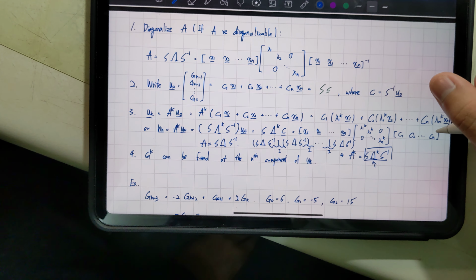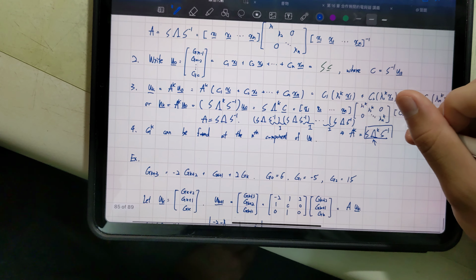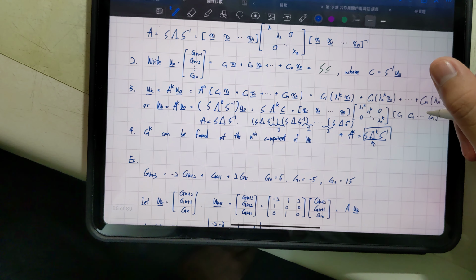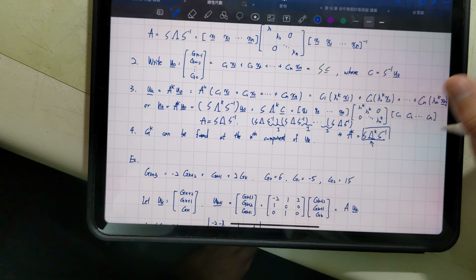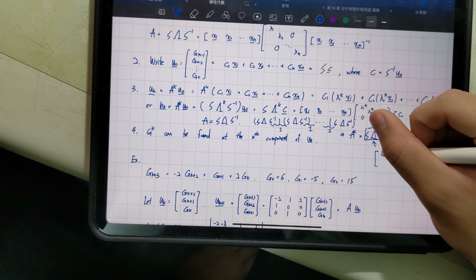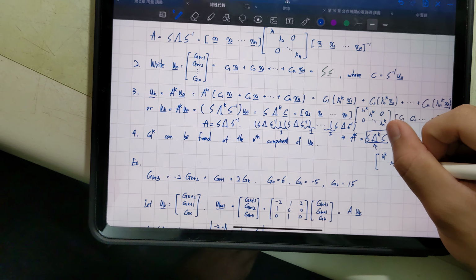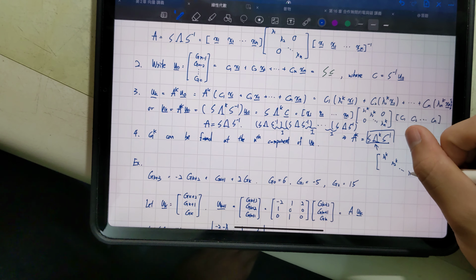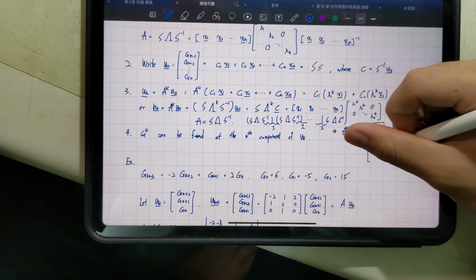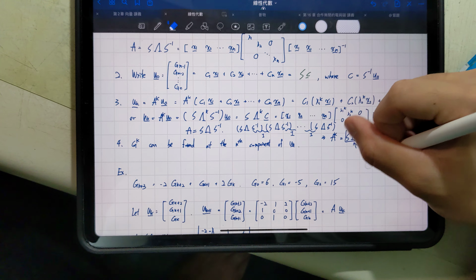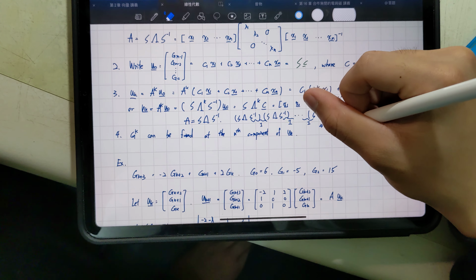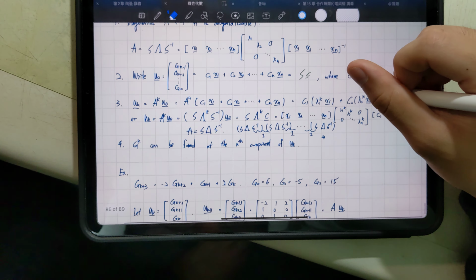Lambda is a diagonal matrix, so lambda to the k power is lambda 1 to the k, lambda 2 to the k, and so on to lambda n to the k. So this is very easy to compute. By diagonalizing the matrix A, we can easily get A^k.